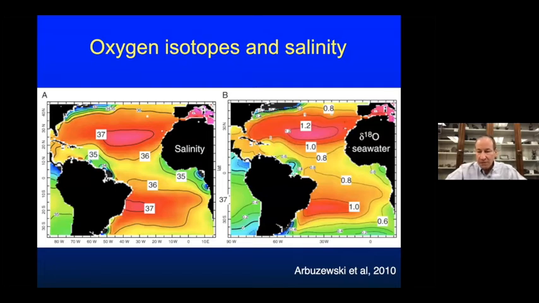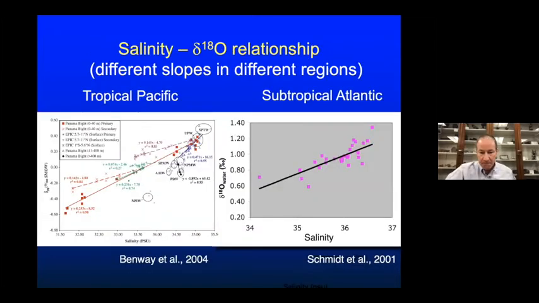And then this is just to hammer home the point that salinity and delta O18 are related, not because they're related intrinsically, but because the process that drives changes in each is shared. But it turns out that because the delta O18 of precipitation is different at every latitude, there's no simple single slope of this relationship.